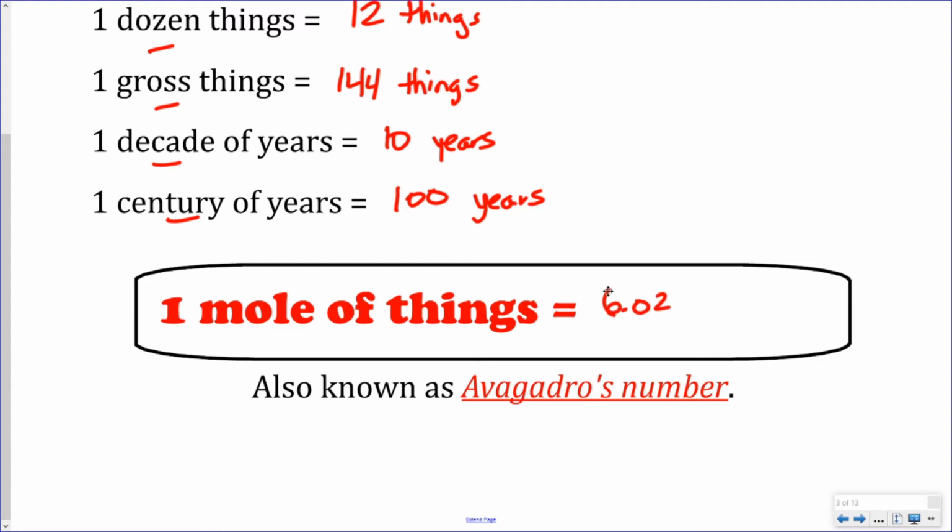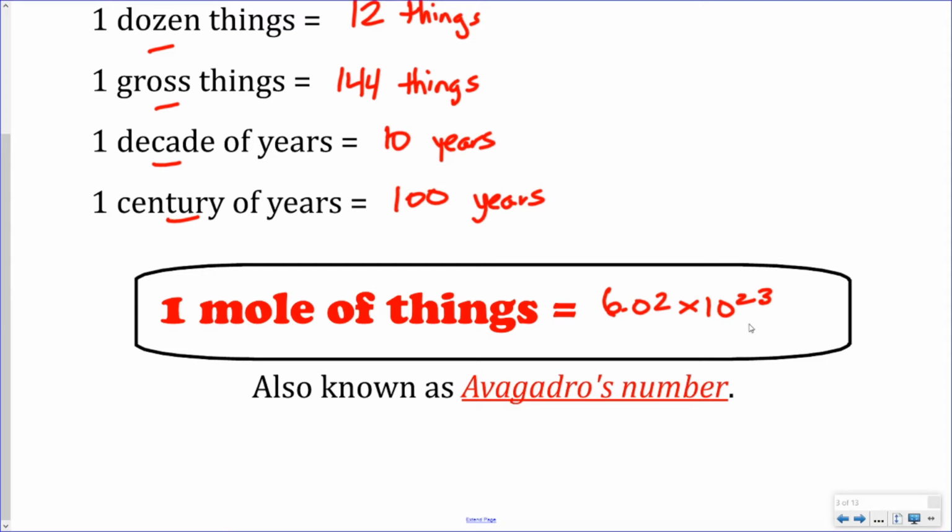It's 6.02 times 10 to the 23. So that's 6 and then a 0 and a 2 and 21 more zeros after it. That's a lot of things. We also refer to it as Avogadro's number. So if I had a mole of oranges, I would have 6.02 times 10 to the 23 oranges.